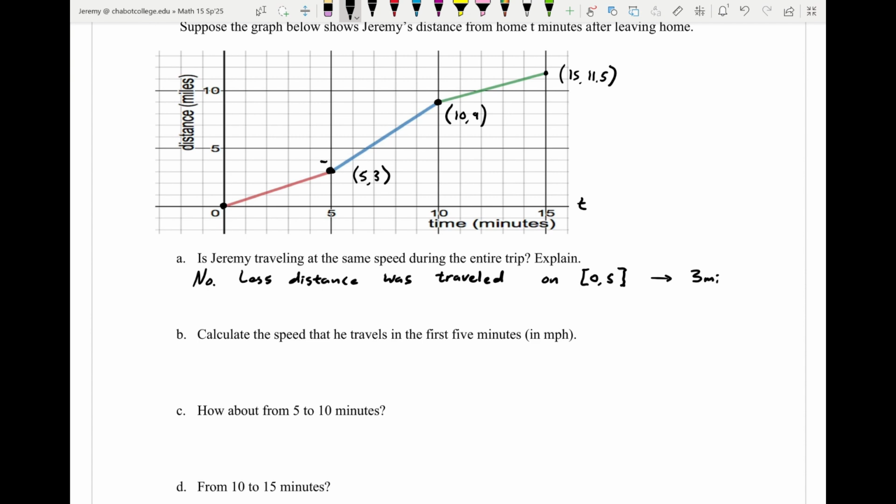Compared to that second interval from 5 to 10 minutes, here I traveled 6 miles. Okay, but the really, really important observation here is the slope of the line of this distance versus time graph indicates the speed, the rate of change, or the velocity.